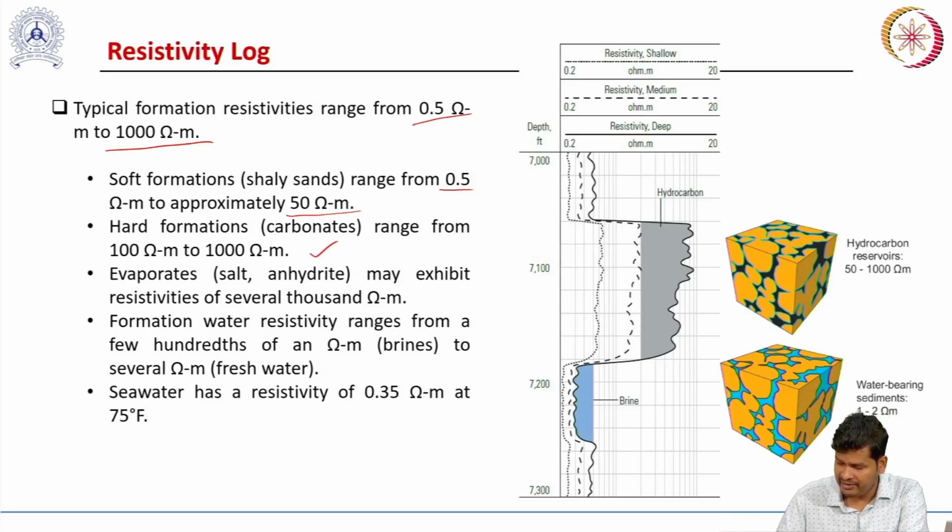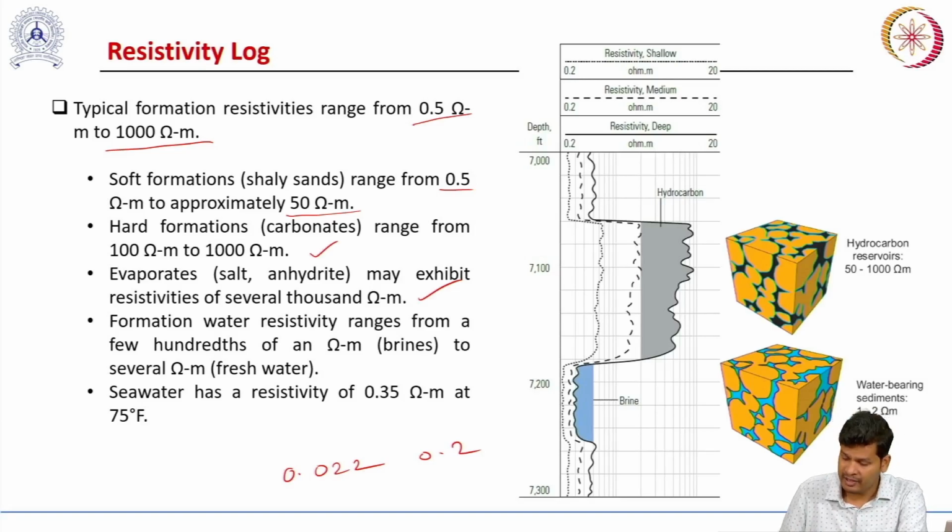Evaporite deposits have resistivity in several thousands. Formation water resistivity ranges from a few hundredths of an ohm meter, for example values such as 0.02, 0.2, these are common values. But if it is a fresh water bearing formation, resistivity could be very high, even in hundreds and thousands.